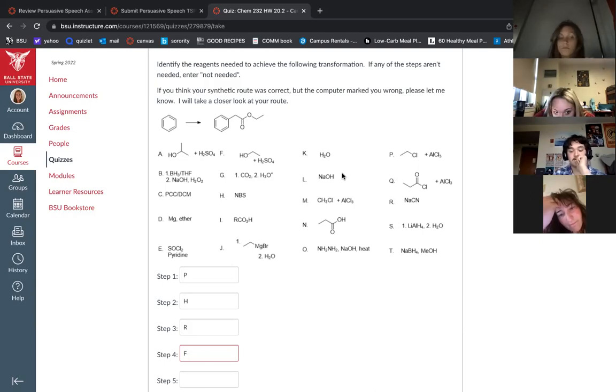Use NaCN to change that to a carboxylic acid, and then you use F to transform that into the ester. I checked out.